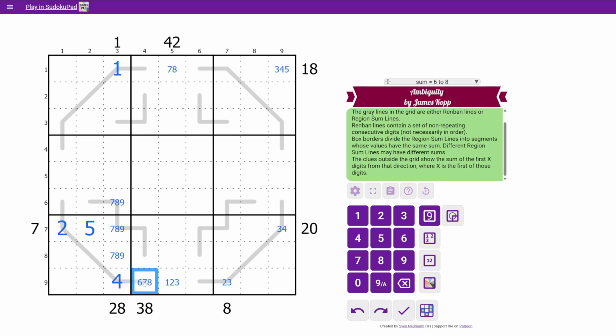And it wouldn't make it to 8 on a Rinban. Wait, so it can make it to 6 on a Rinban. Okay, then I have to consider that working. It can add up to 7 if it was region sum, so I have to consider that working.